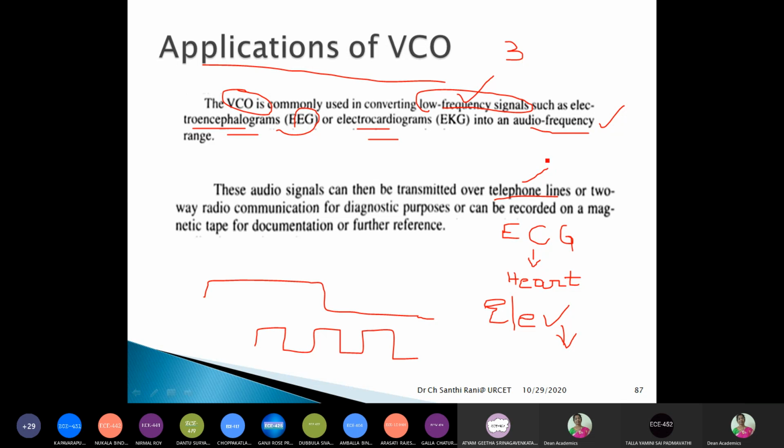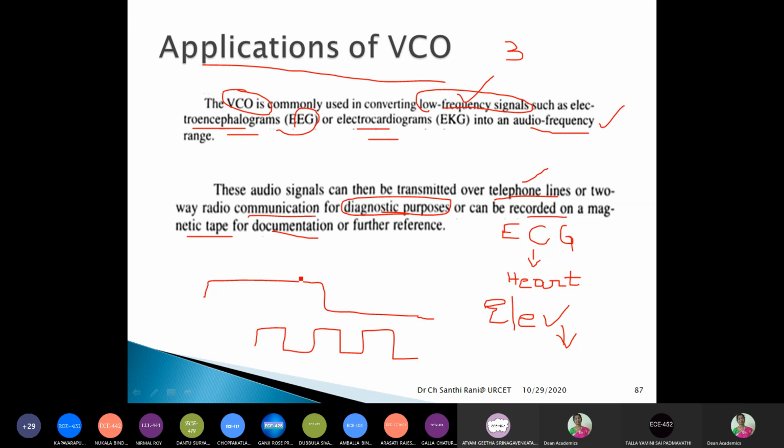Otherwise, they can be used for radio communication for diagnostic purpose, that is, telemedicine, or they can be recorded on a magnetic tape for documentation. If a patient goes to a doctor with some heart problem, they will take this ECG, and after that they will give one printout to the patient. They keep it in a file and give a printout to the patient.